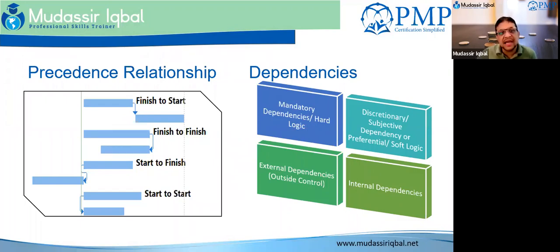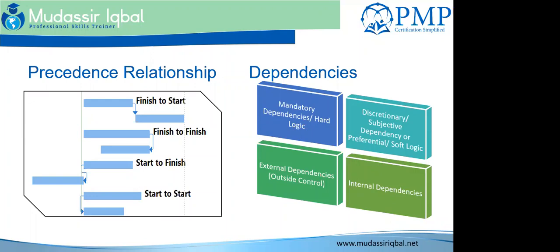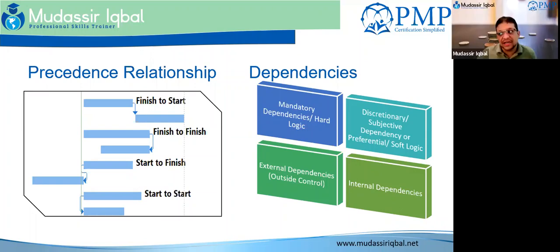Mandatory dependency is like you cannot do the painting before finishing the plaster. You cannot construct a building before finishing the foundation. You cannot do the windows before having the structure ready. This is a mandatory relationship, something that you cannot actually break. It's a physical requirement to continue.